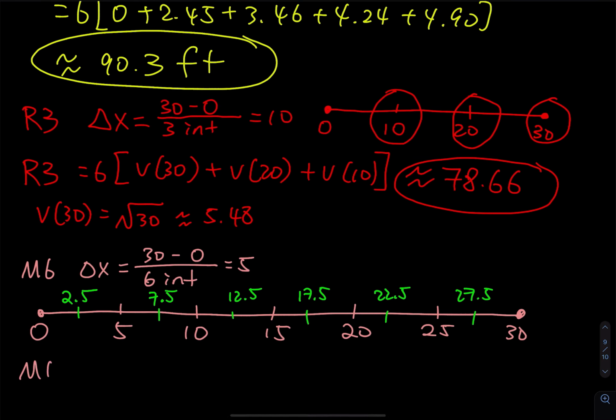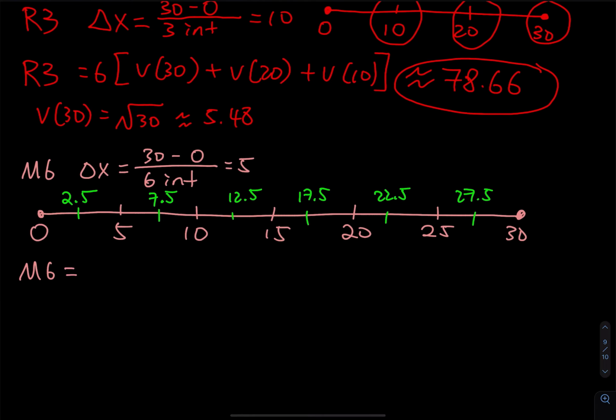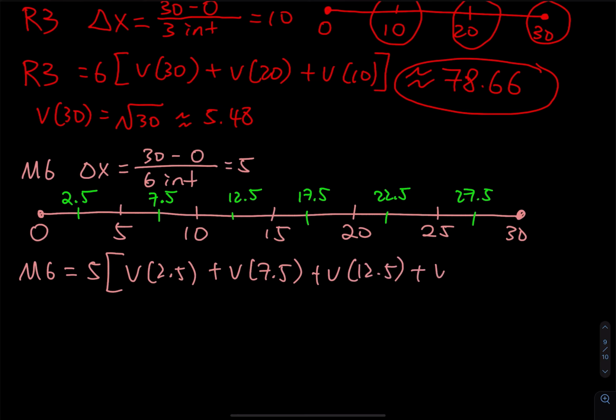So your M6 is equal to 5 times v of 2.5 plus v of 7.5 plus v of 12.5, v of 17.5, and then v of 22.5, and then plus v of 27.5.